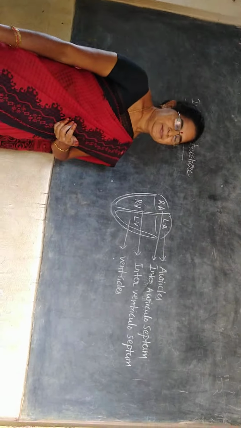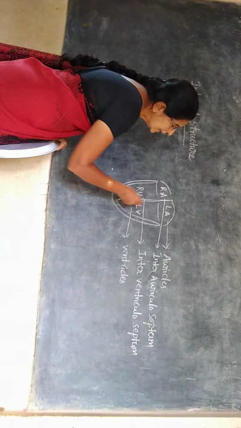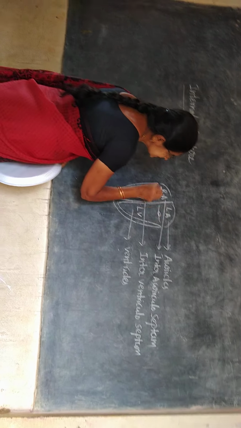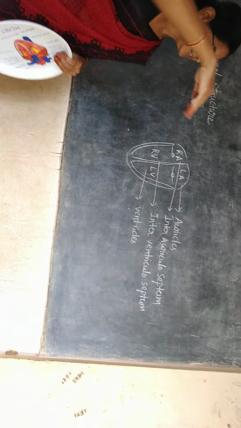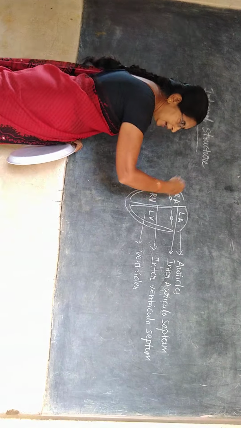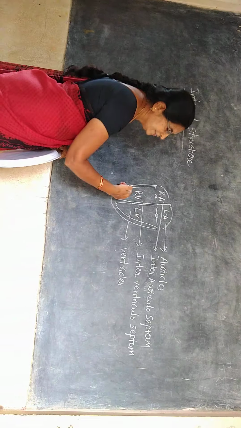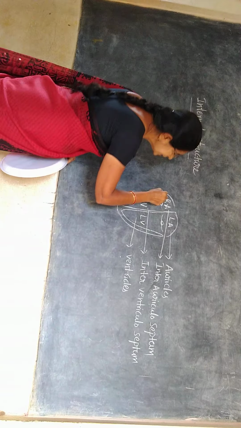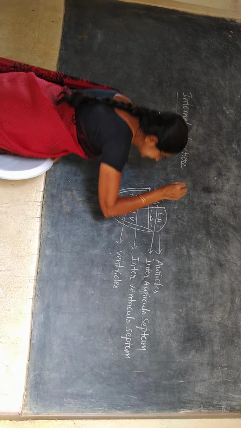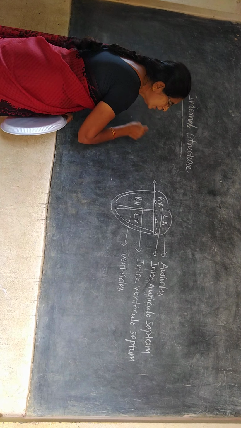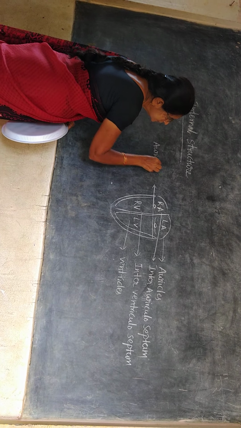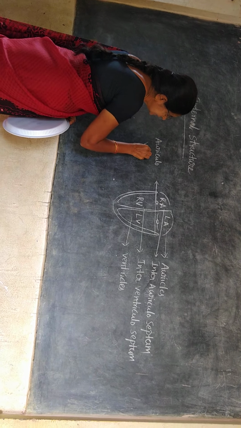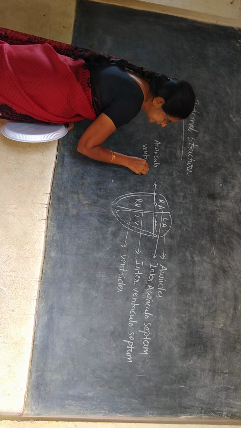Then how are they connected? There are two apertures. How are they divided into four chambers? Again, auricles and ventricles are also separated with a septum that is called the auriculoventricular septum.